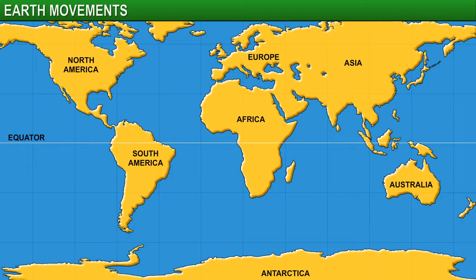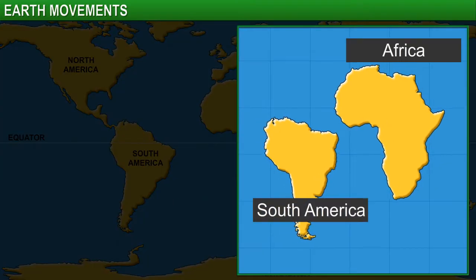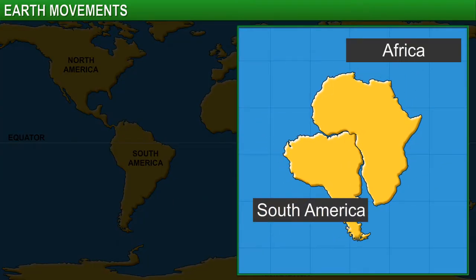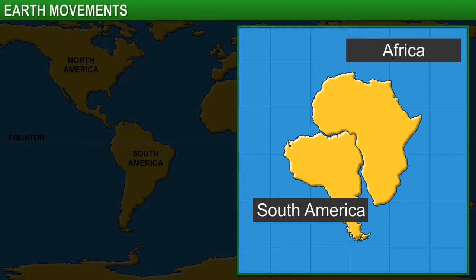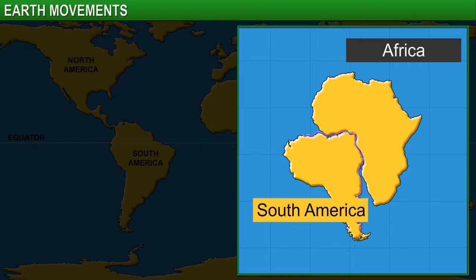Here is an interesting fact that substantiates this story. If you examine the shapes of the continents closely, you'll notice that the edge of the west coast of Africa complements the shape of the east coast of South America.